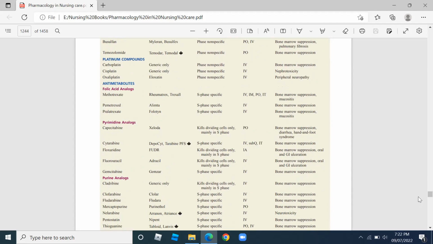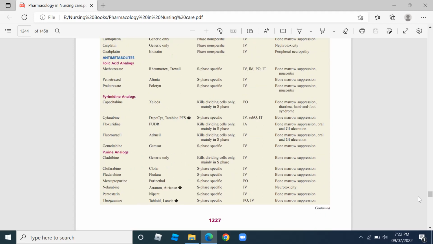Come towards the antimetabolites. You can see the three major groups included in antimetabolites, and these are considered as folic acid analog, pyrimidine analog, and purine analog. These metabolites are very important and essential molecules involved in RNA and then DNA synthesis.